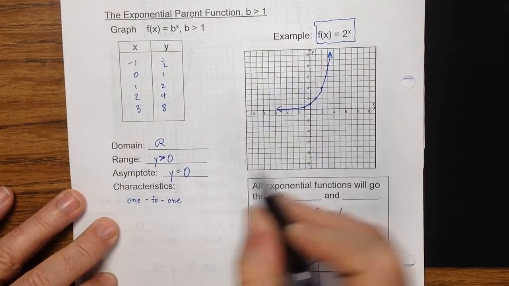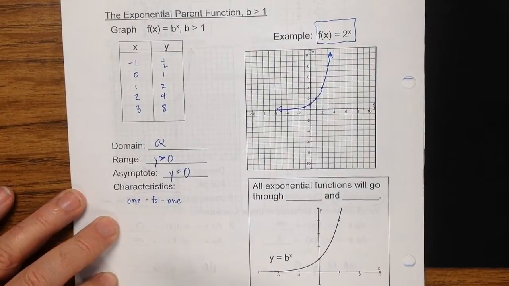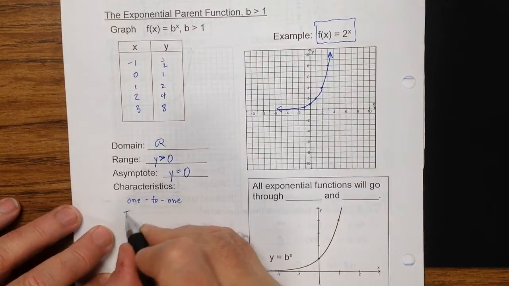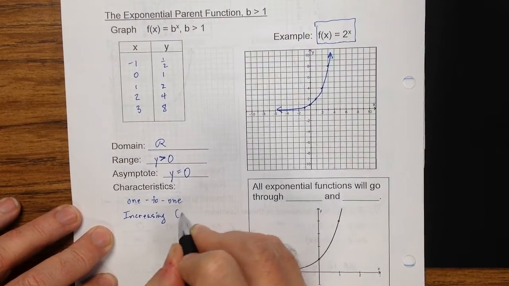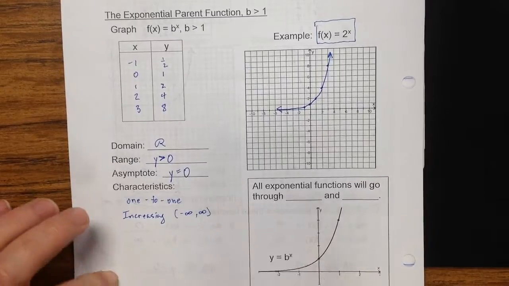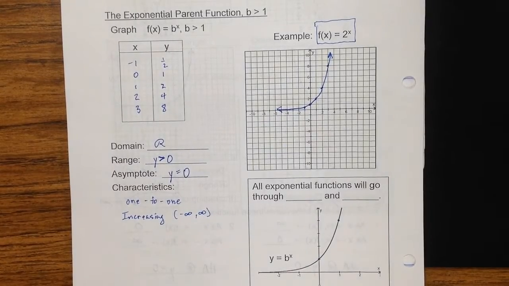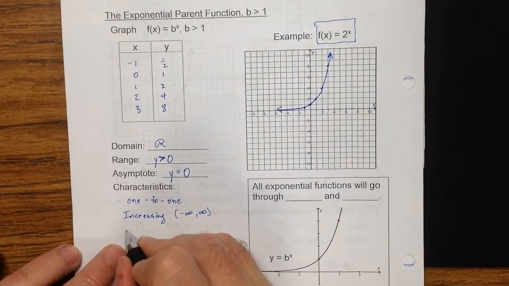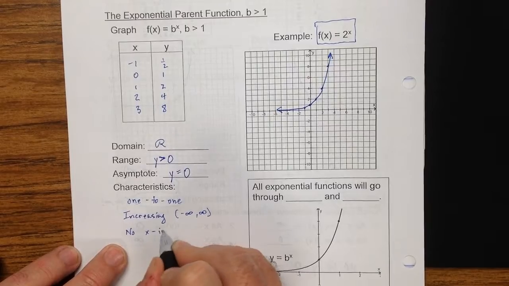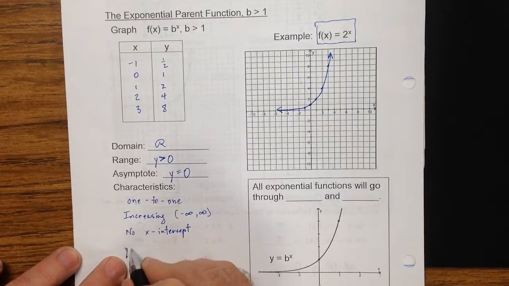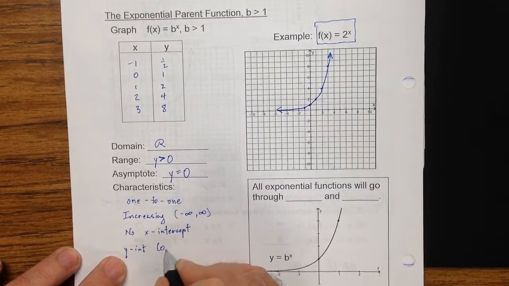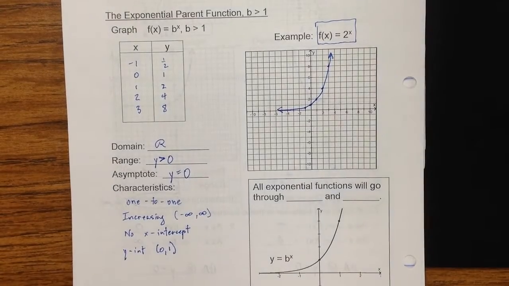It passes the horizontal line test. It is always increasing on its entire existence. On the interval from -infinity to +infinity, it is increasing. There is no x-intercept. It never touches the x-axis. And there is a y-intercept at 0, 1.